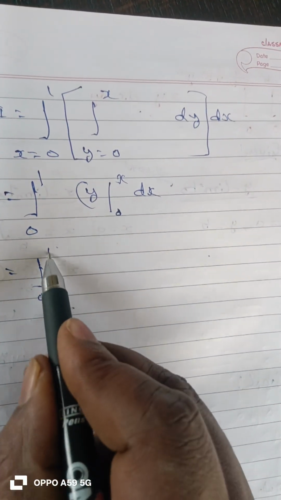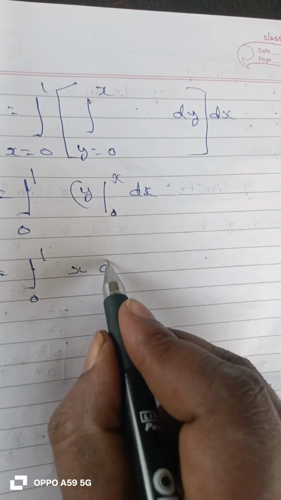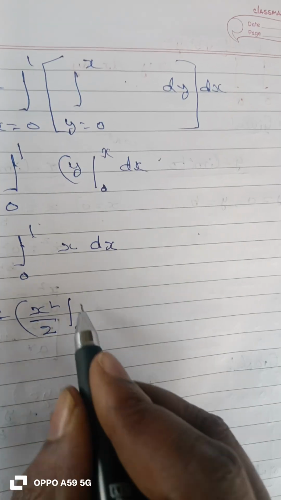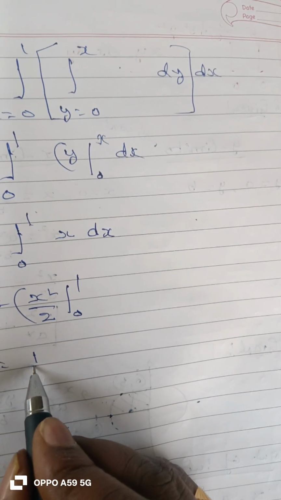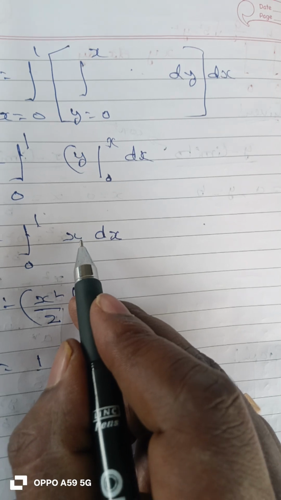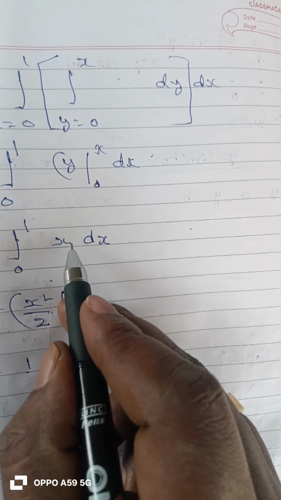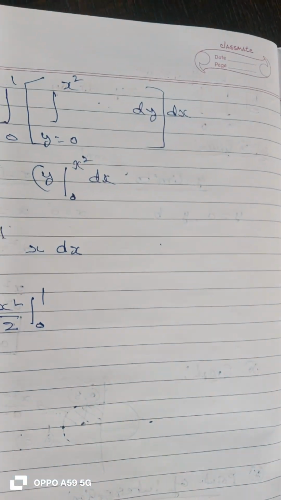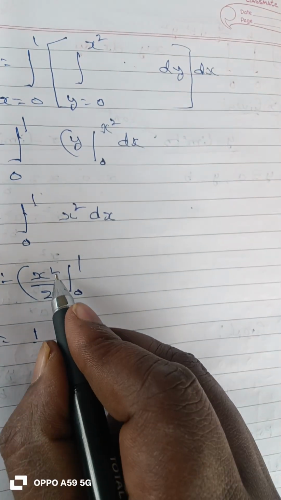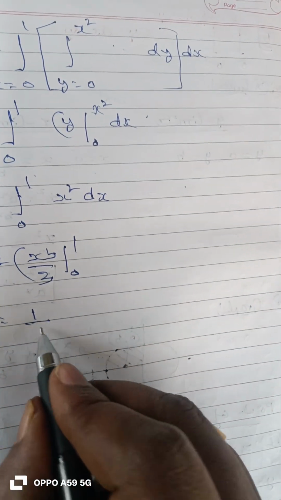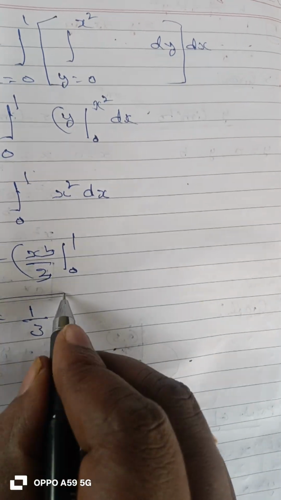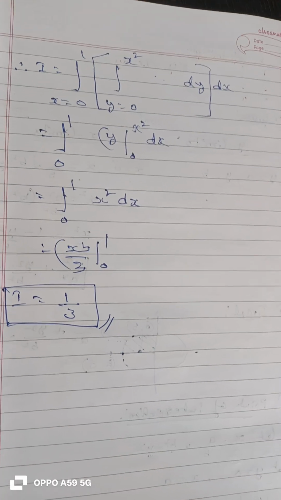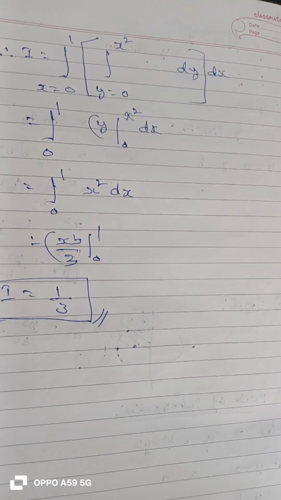This is equal to 0 to 1, upper limit minus lower limit, x square. Again integrating, x square gives x cube, divided by 3, so 1 by 3 will be my answer. So this is about the change of order problem.